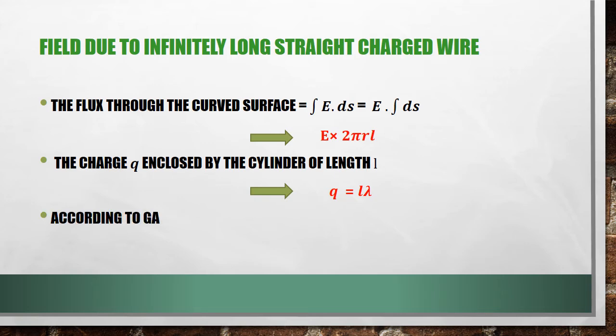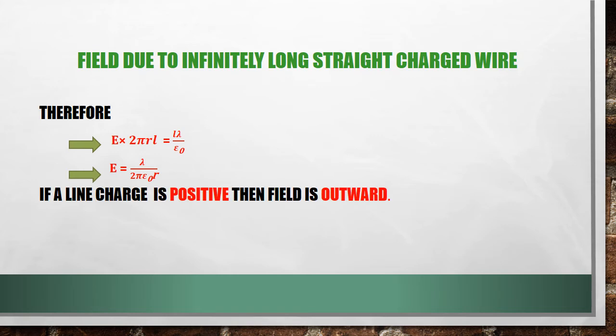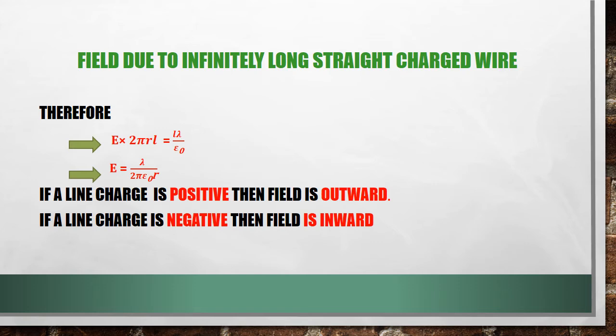According to Gauss's theorem, integral E dot ds equals 1 by epsilon 0 into Q. Therefore, E into 2 pi r L equals L lambda by epsilon 0. Therefore, E equals lambda by 2 pi epsilon 0 r. That is, if the line charge is positive, then the field is outward. If the line charge is negative, then the field is inward.